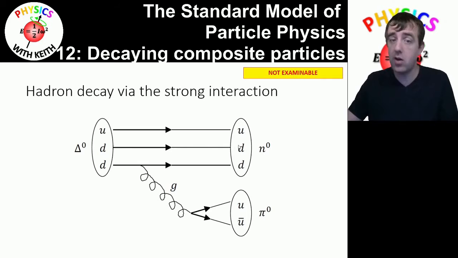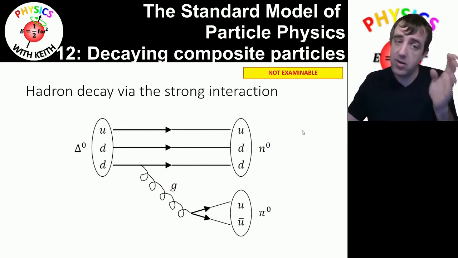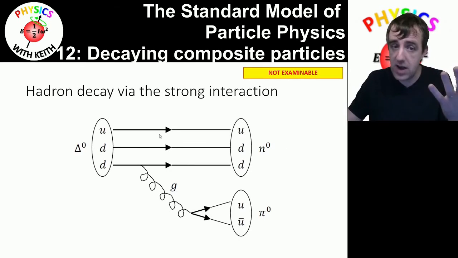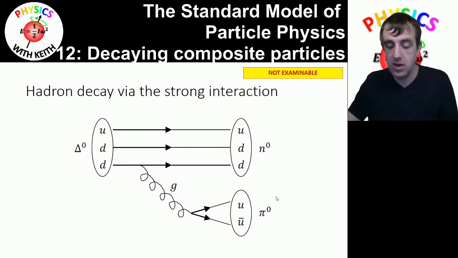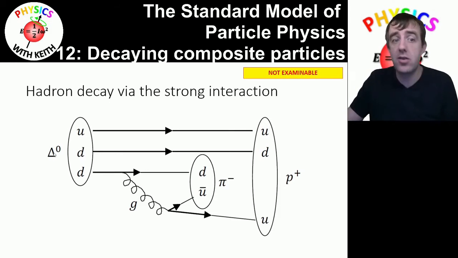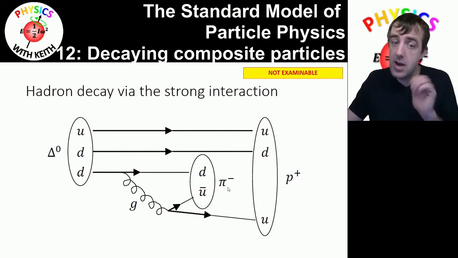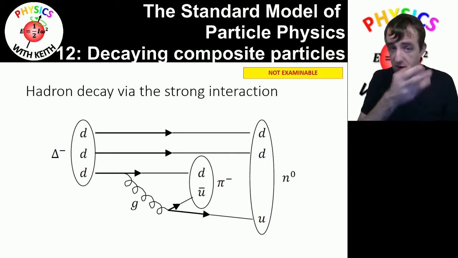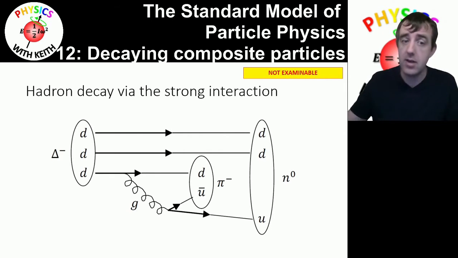You'll notice the quark composition of a delta 0 and a neutron are the same, but the delta 0 is more energetic, and that extra energy can turn into mass via the strong nuclear force in creating an up and an up antiquark. But another way that a delta 0 could decay is into a proton and a negative pion, and you can see that here. And a delta- can decay into a neutron and a negative pion, like this.